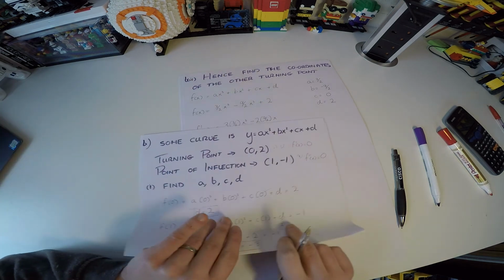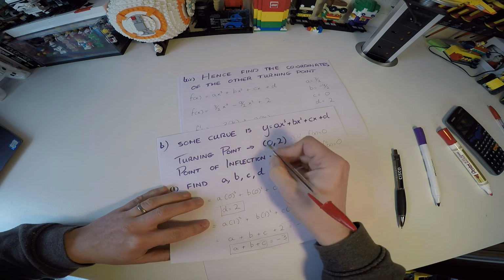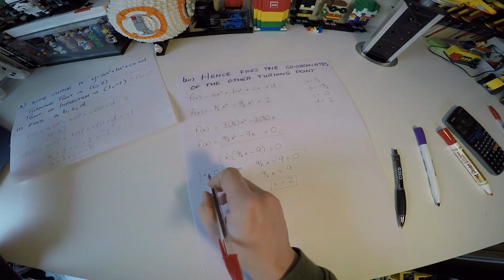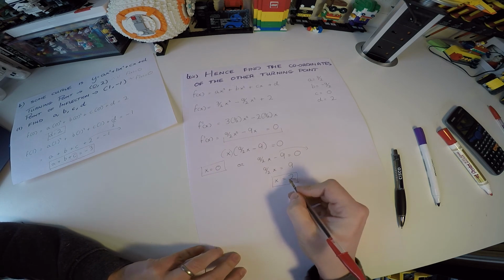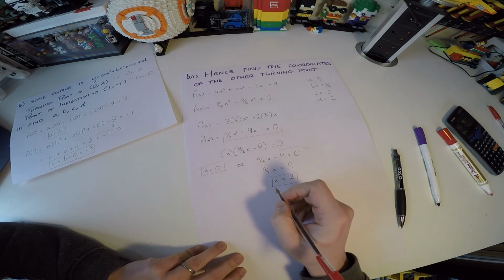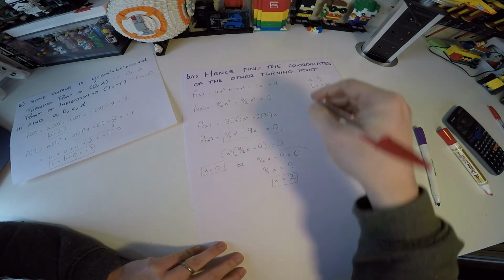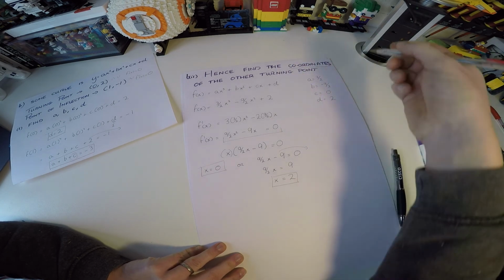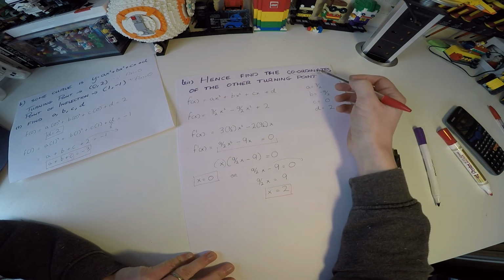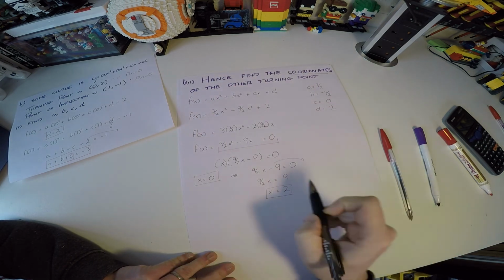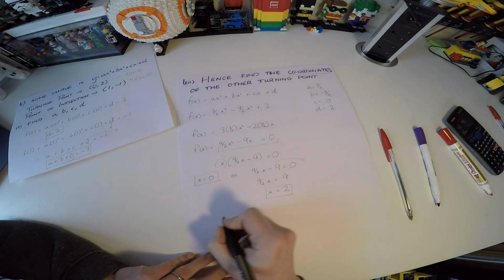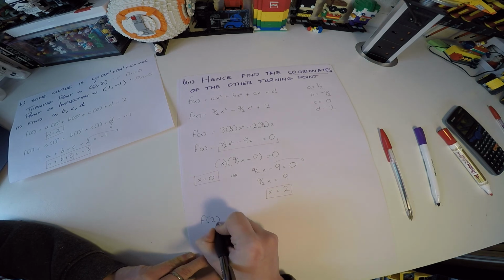But if we look at the first question, it gave us one of these turning points already with this x value of 0. So I don't have to do this because I already know that turning point. The other turning point is where x is equal to 2. How do I find that? Because I need the actual coordinates, remember that. Well, to find coordinates, we always put the x value back into the original equation. So putting this x value of 2 into the original equation gives us f of 2.